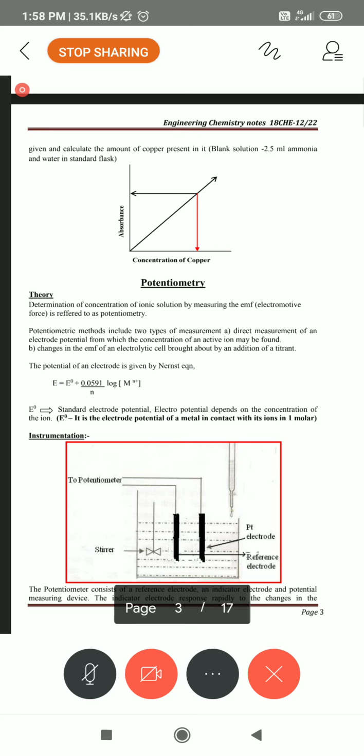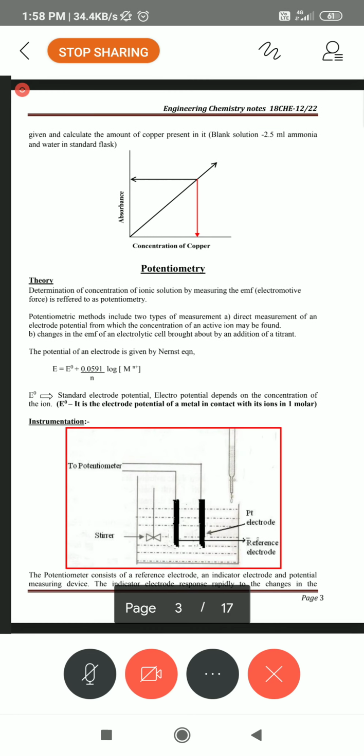Plot the graph of absorbance versus concentration of copper sulphate. Then, with the help of the graph, we get how much copper sulphate is dissolved in 1 liter, and then you can calculate it.